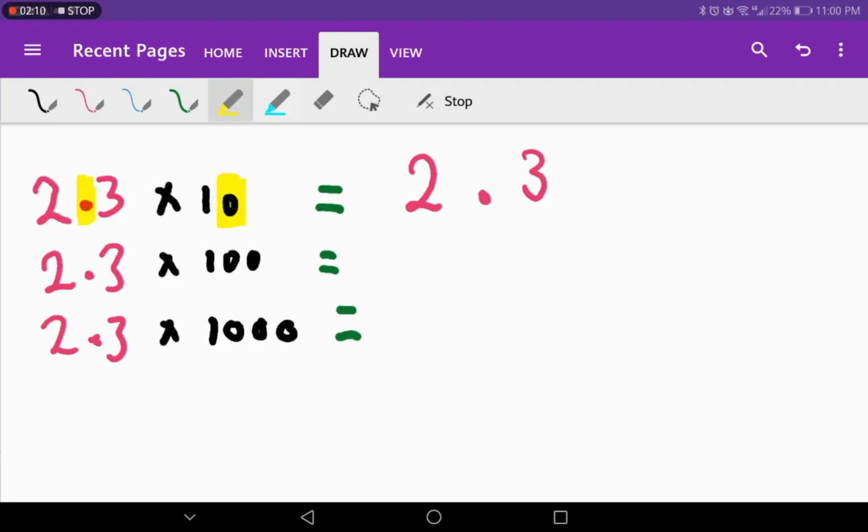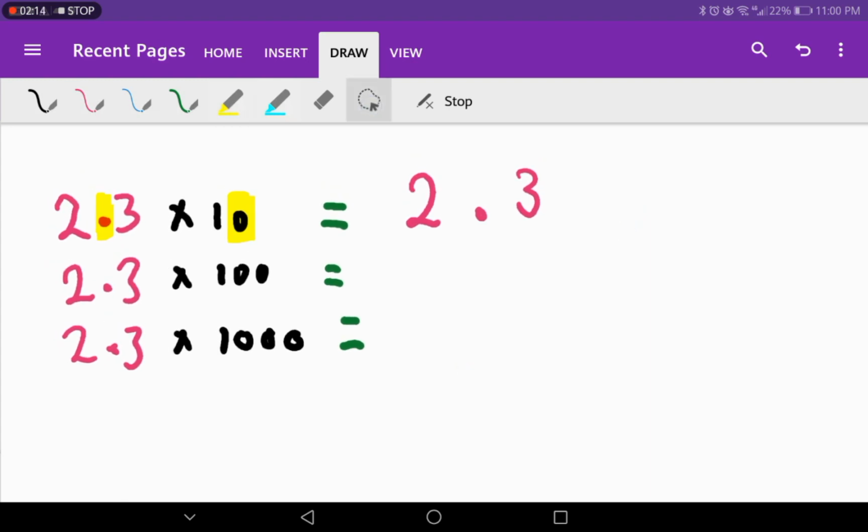It is 10. That means the decimal point will move one place. So this is one place to the right. Yes? Okay, so you move the decimal point one step to the right. It will be here. So the answer will be 23, and you can put 0 here for decoration. So this is 23 at the end.